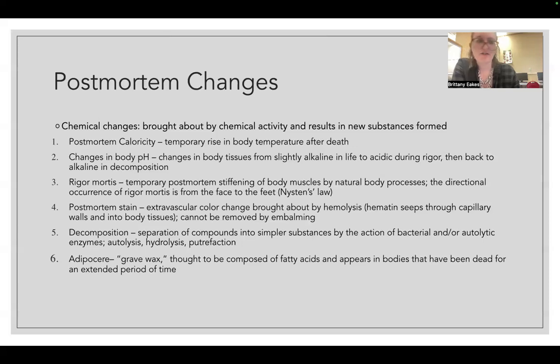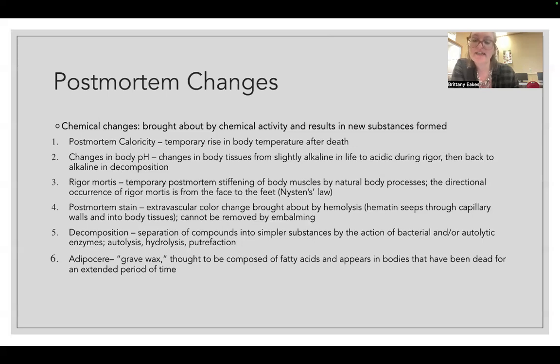So auto, self, digestion of cells. Hydrolysis is an important factor in the initiation of decomposition. Protein decomposition, putrefaction, is through anaerobic bacteria, and decay is through aerobic bacteria.